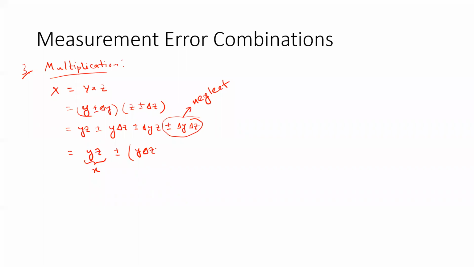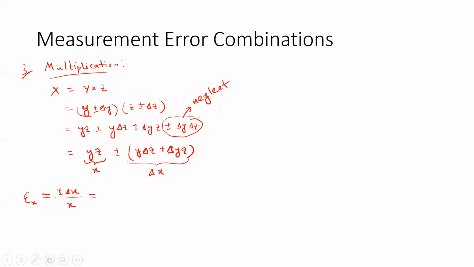The absolute value of error present in x will now be represented by this expression, where it cannot be directly referred to as the summation of absolute errors of the two quantities like before, but we can represent it in terms of the relative error. So the relative error in x is the ratio between the absolute error divided by the true value of x.